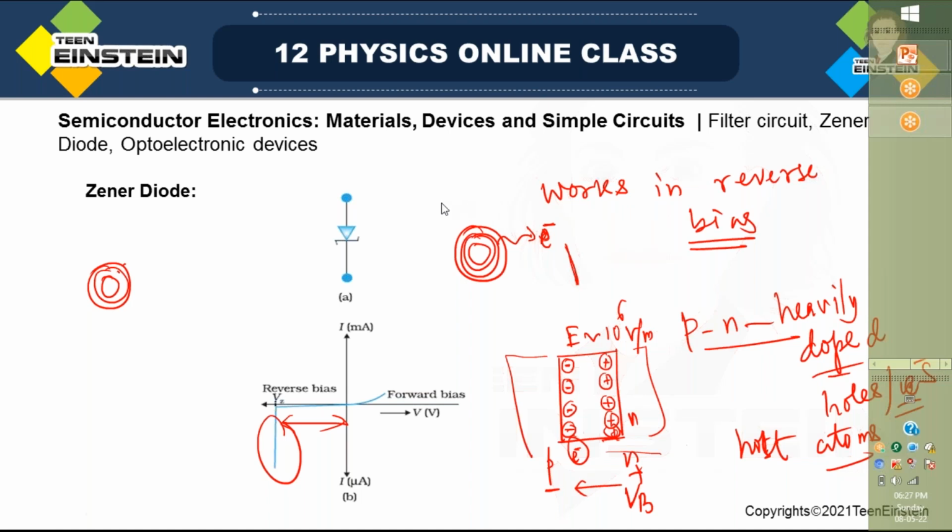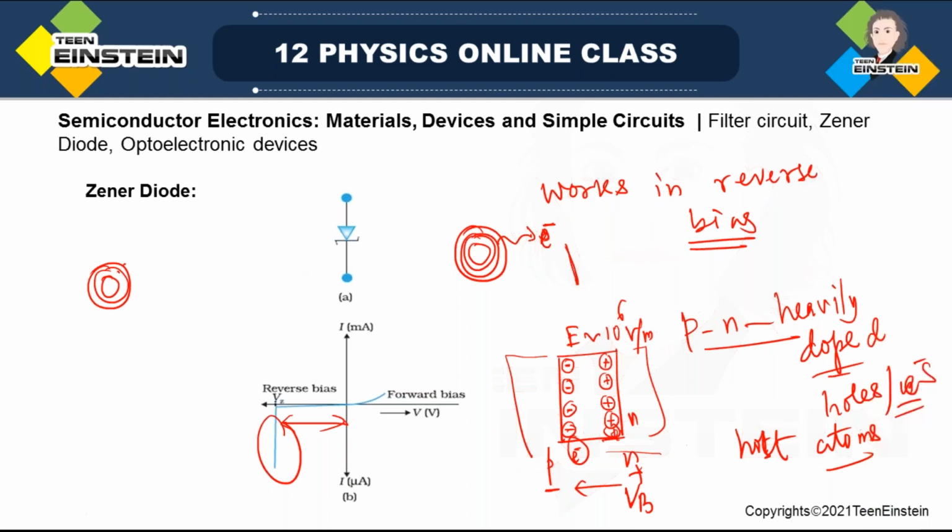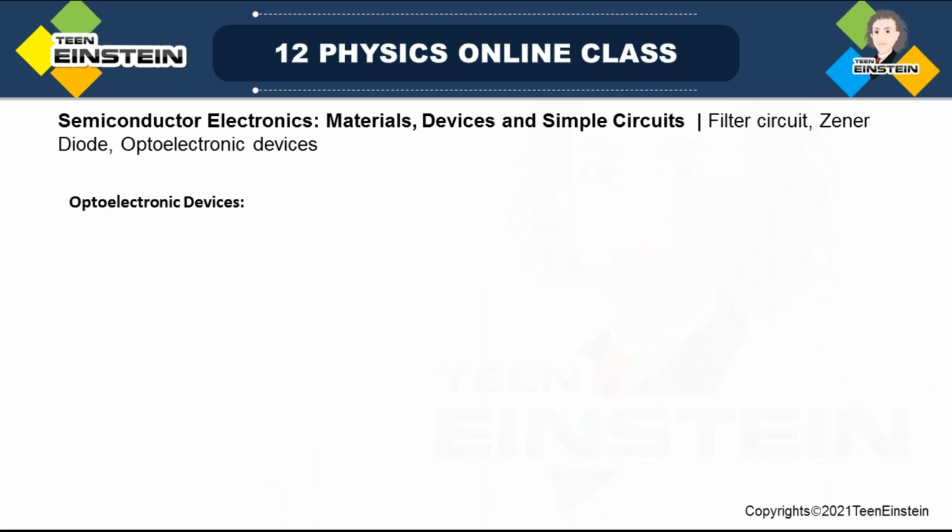So I'll just quickly discuss optoelectronic devices a little bit, and then we'll stop today's class. See, optoelectronics means, you can see two words, opto plus electronics. That means there are certain kinds of diodes.